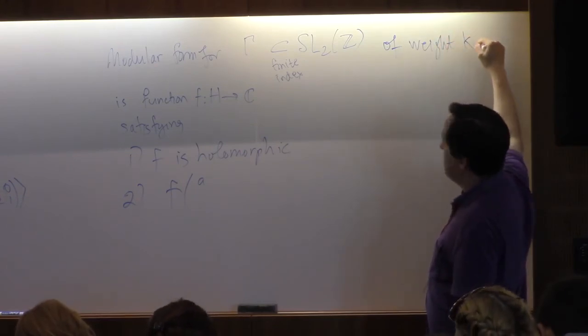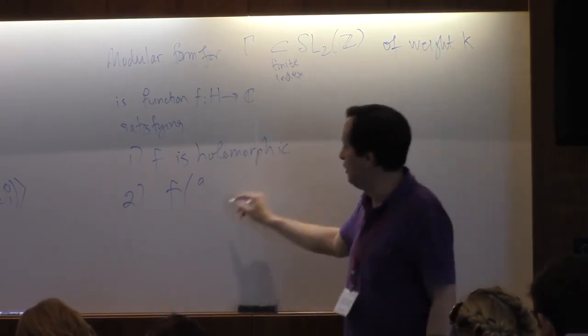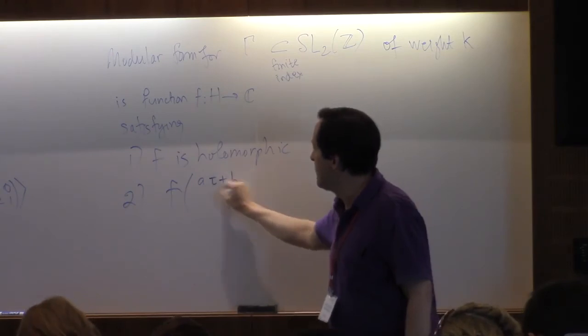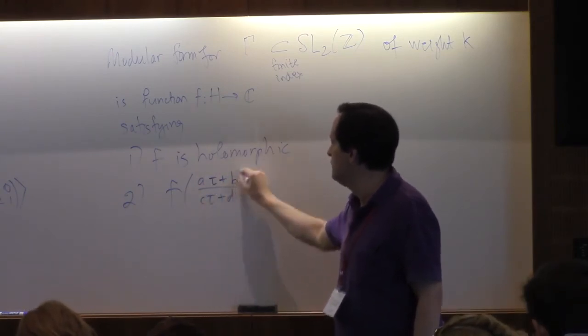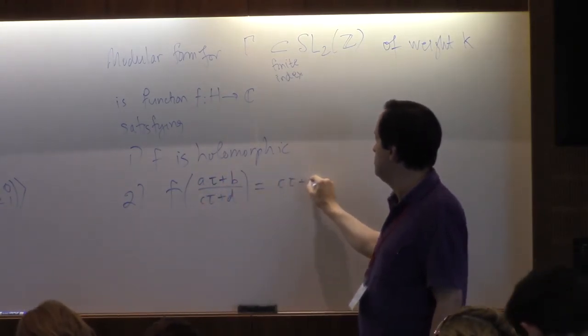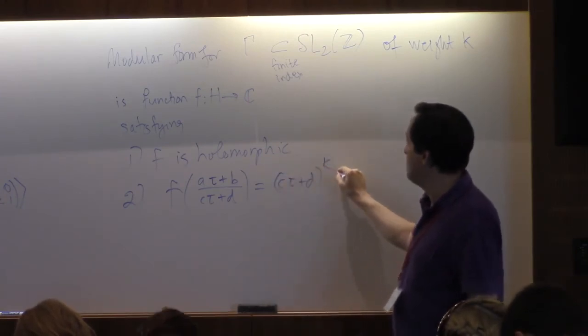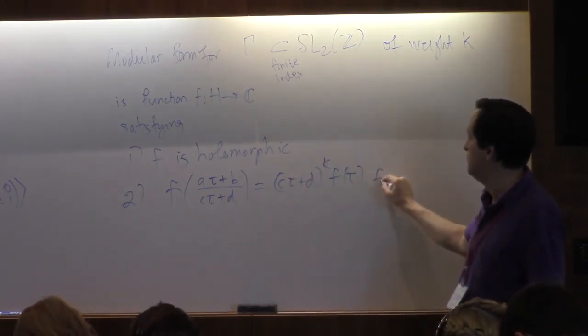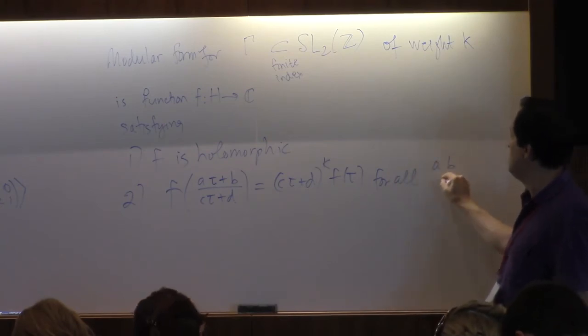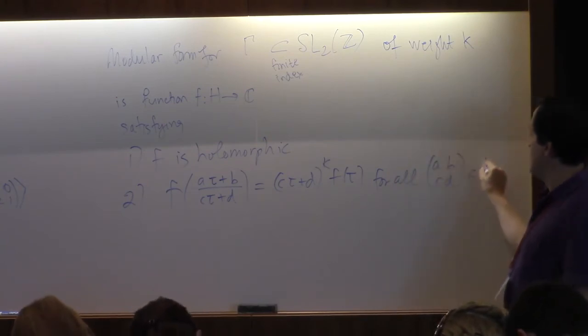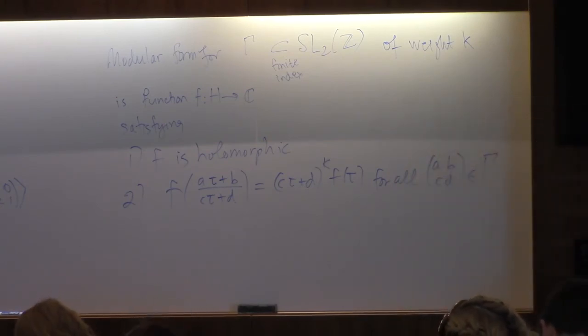We need to have a weight. It satisfies the weight k modularity condition for all A, B, C, D in that subgroup, not all of SL2Z.